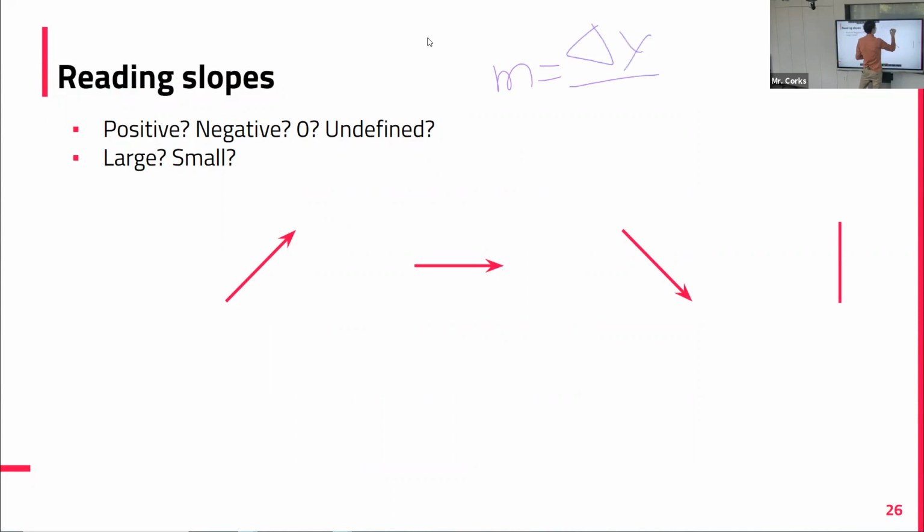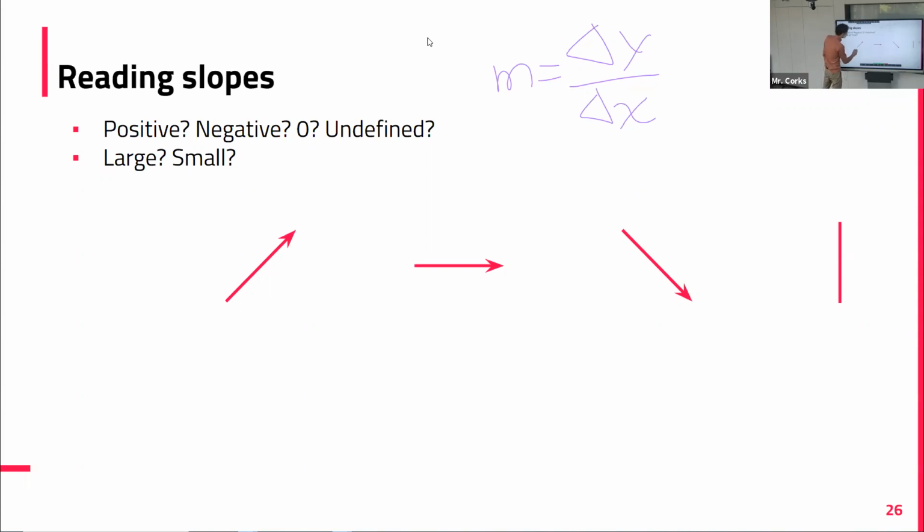Delta y over delta x. Or change in y over change in x. It's good to have this formula for it, but it's also good to be able to just look at a line and see what the slope is approximately.